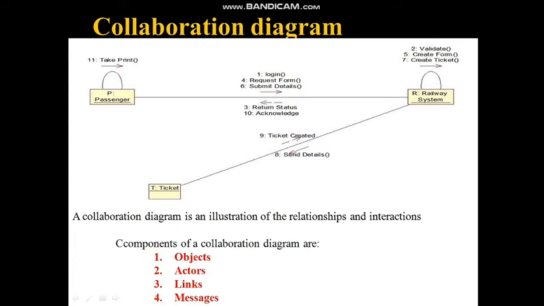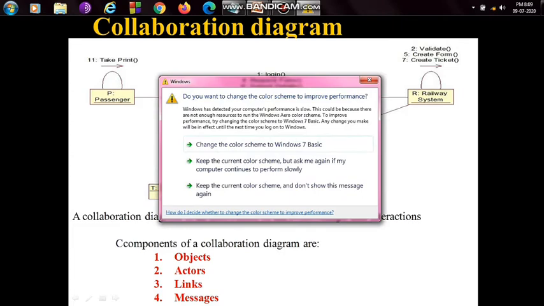Last is message. Messages between objects are shown as labeled arrows placed near the link. Like the arrow shown between the passenger and the railway system, and between the railway system and the passenger another arrow is shown there. These messages are communication between objects that convey information about the activity and can include the sequence number.